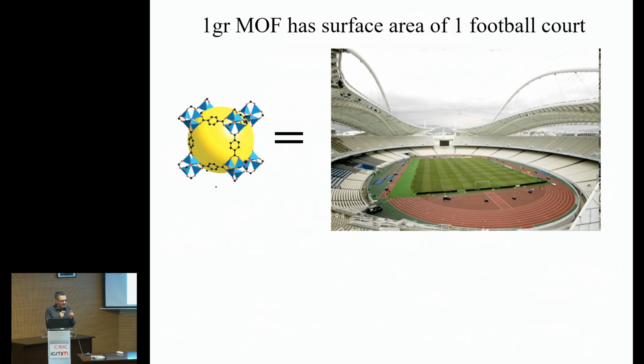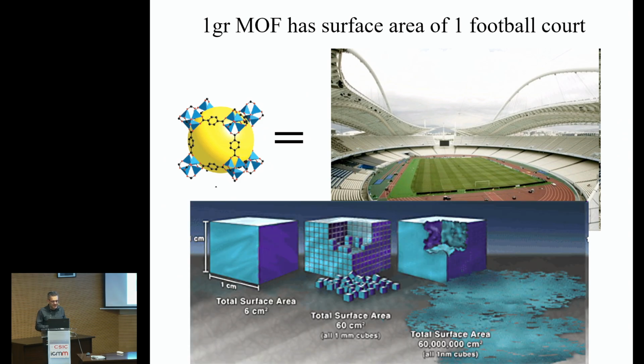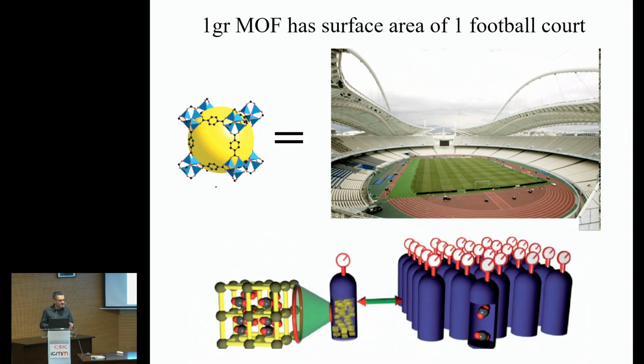If you take just a gram of this material and open up its surface area, you can cover the area of a football court. So they have a large surface. And this allows us to use them for many applications like gas adsorption.